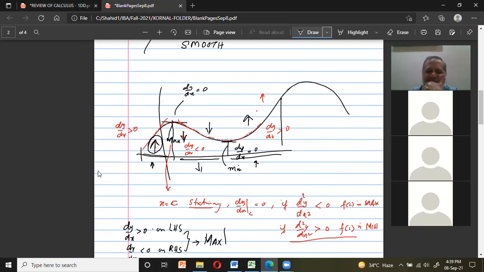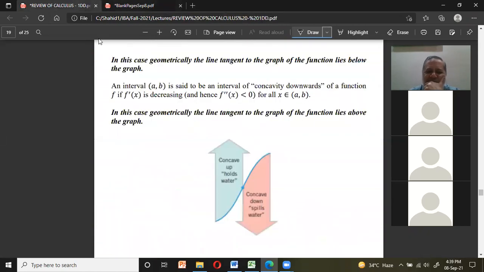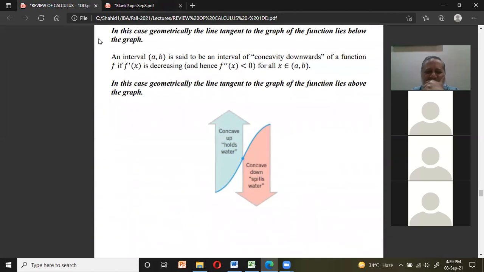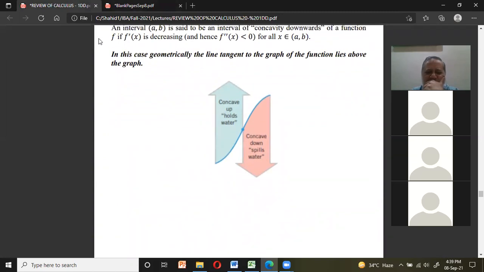So this kind of a region is represented here. English you can read easily. Let me discuss the graph itself. Here is a special point, and here is the speciality of it.